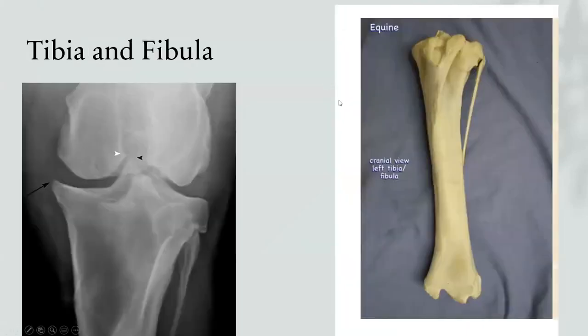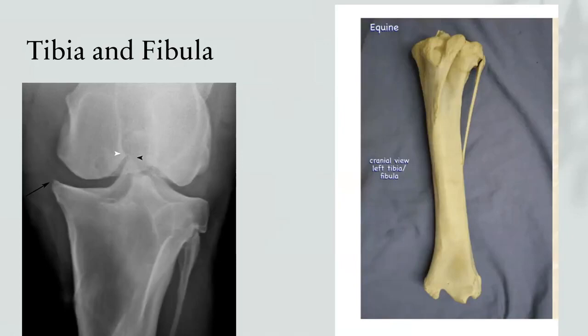All right, so in the horse, the tibia bears basically all of the weight. And then we have this tiny little spicule of a bone over here. What's that called? Fibula. Excellent. You guys can read well. So that is your fibula. All right. So in the horse, it's really not a weight-bearing bone. You can see how small it is.